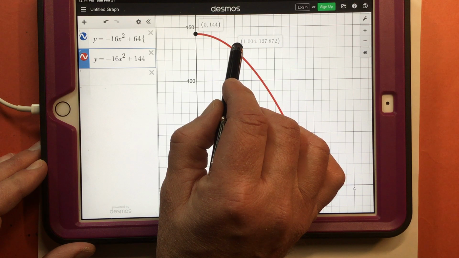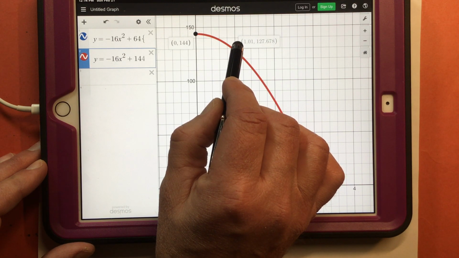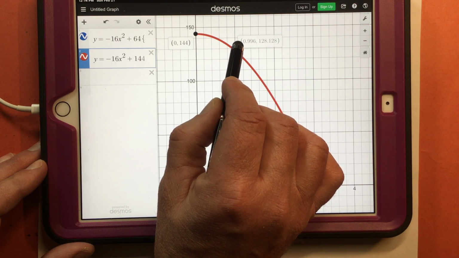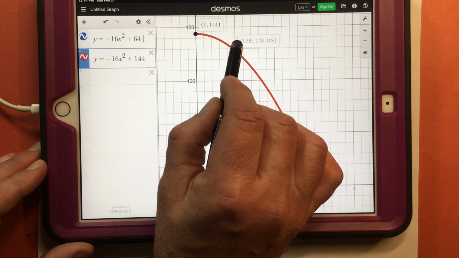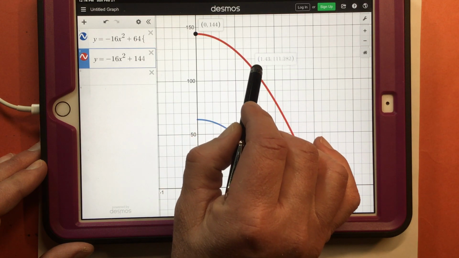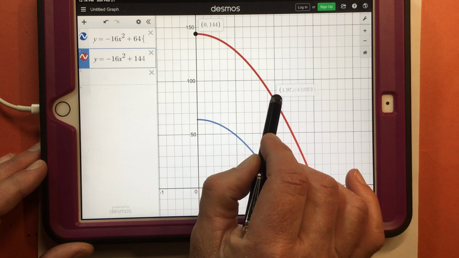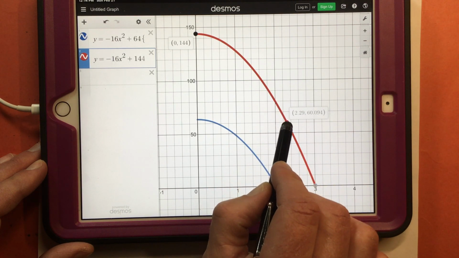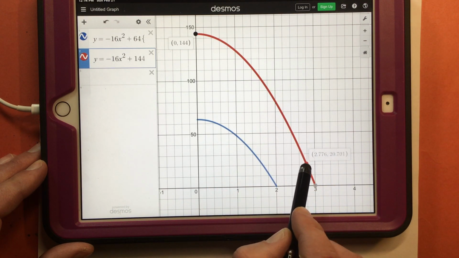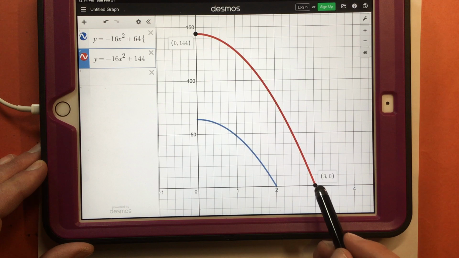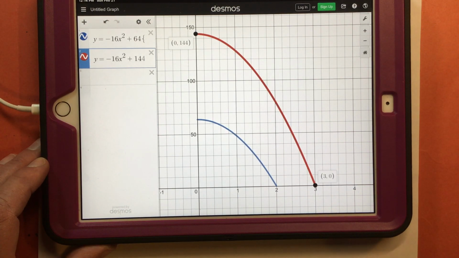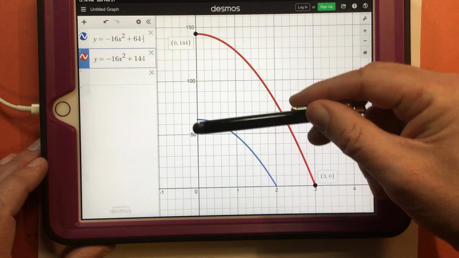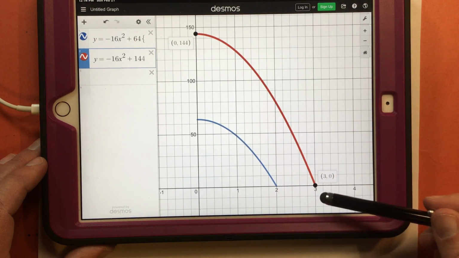So here's about 1 second. Now it's probably about 128, about 128 feet above the ground. After 2 seconds, it's about 78 feet above the ground. After 3 seconds, now it's at 0. So because of the extra 144 feet, it took an extra second.